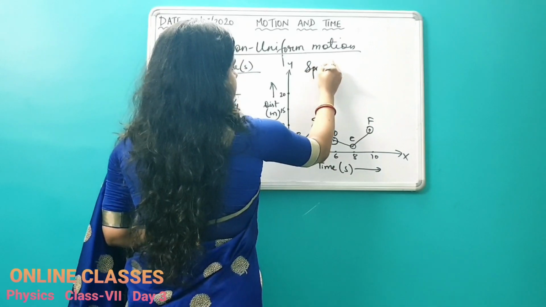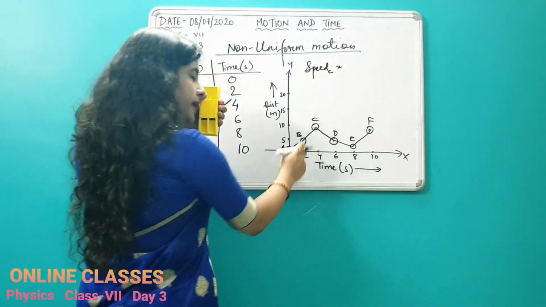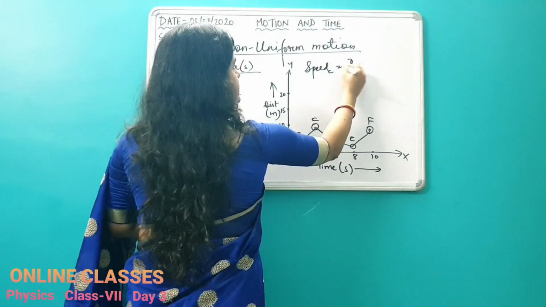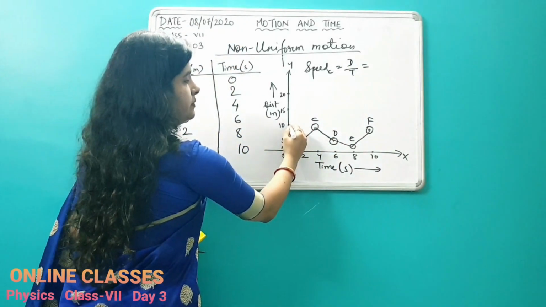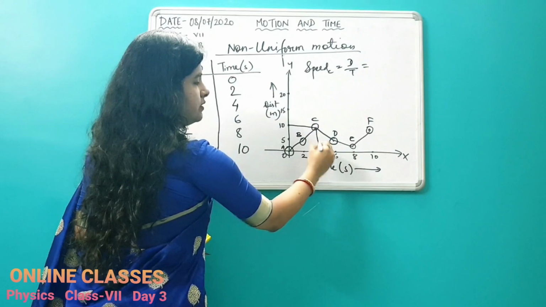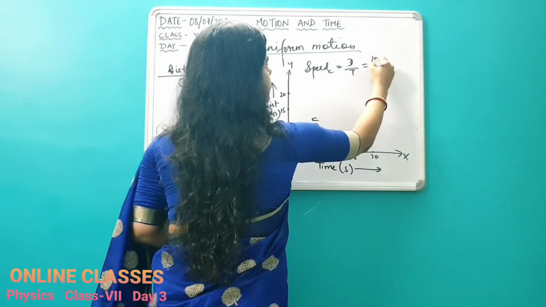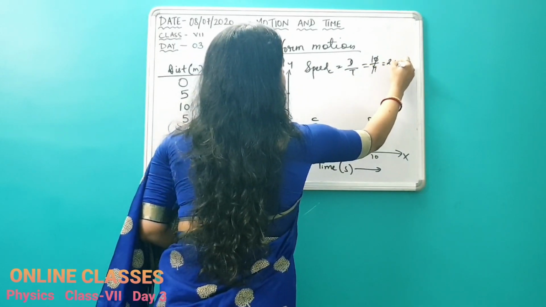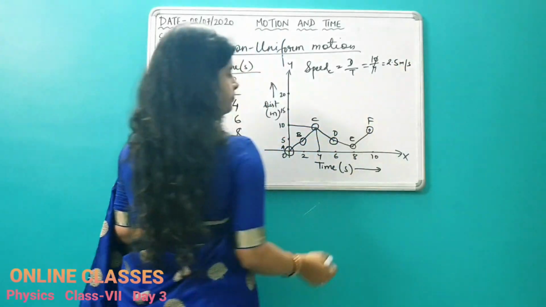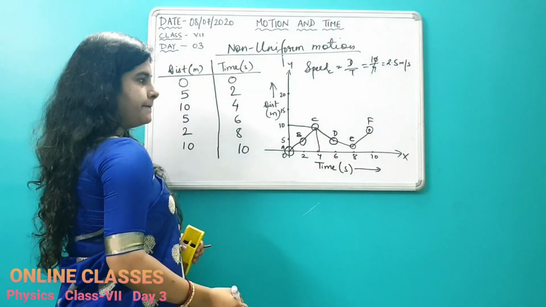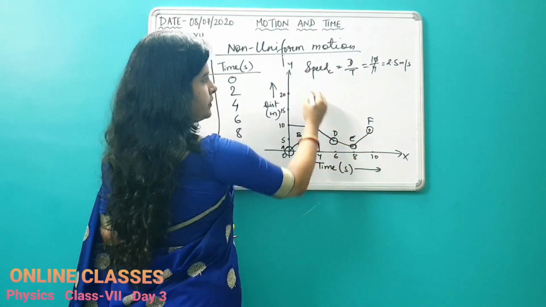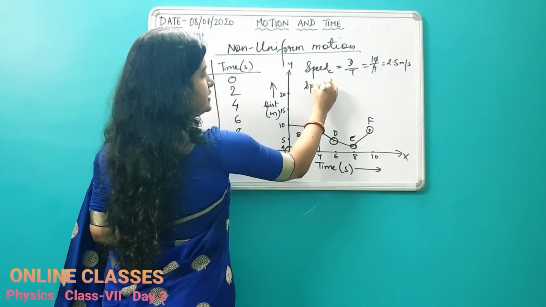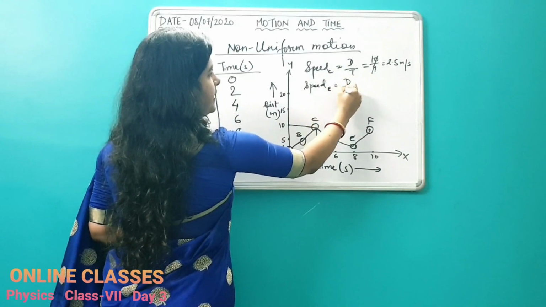Supposing again speed at point C, speed is distance by time. What is the distance at point C? It is 10 meter and time is 4 seconds. So 10 by 4, that comes to 2.5 meter per second. Okay, let me calculate at this point E. Speed at point E, distance by time.